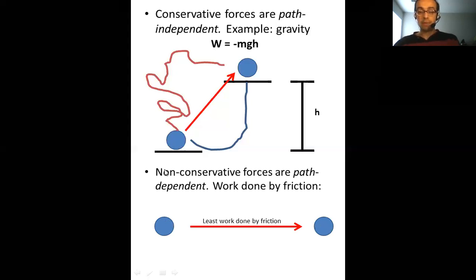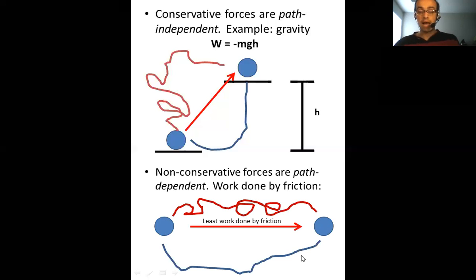If we have some kind of crazy path or some kind of more complicated path, the work done by friction on this object is going to be greater than if it is just moving in a straight line. So this is what we mean by path dependence, and that's something which is seen in non-conservative forces.